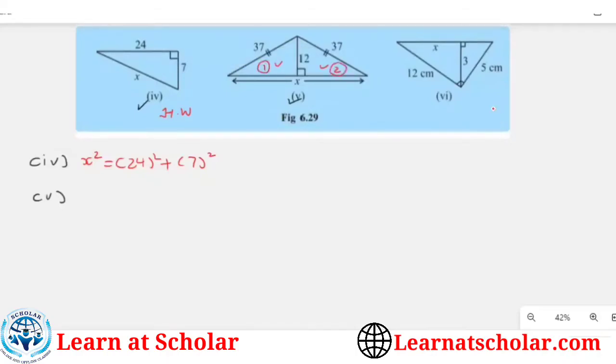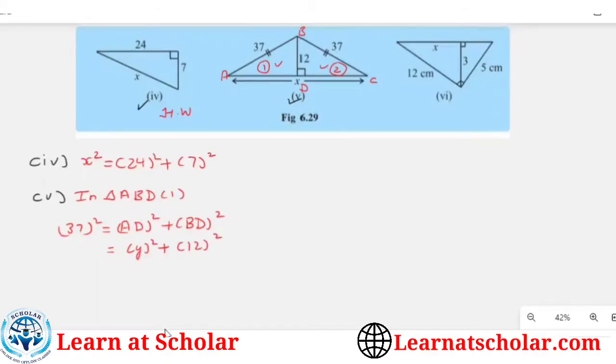You have two triangles. You have to find out the length x. This is the first triangle, this is the second triangle. I have named the triangles as ABD and BDC. In the first triangle, ABD, 37 square, which is the hypotenuse, equals AD square plus BD square, which are the sides. Let the value of AD be y and the value of BD is given as 12.